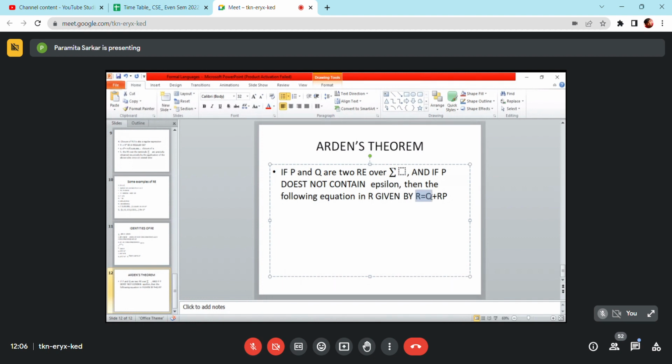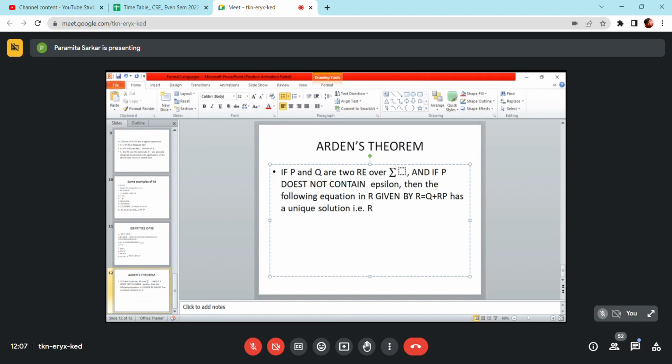This equation has a unique solution. That means Arden's theorem says that this equation can be solved, with one and only one unique solution, no other solution.